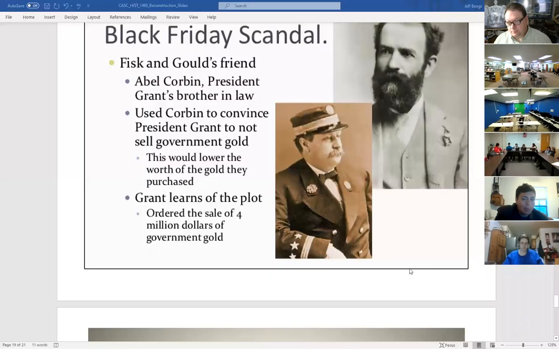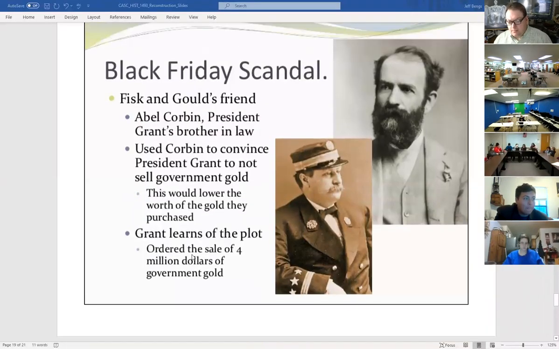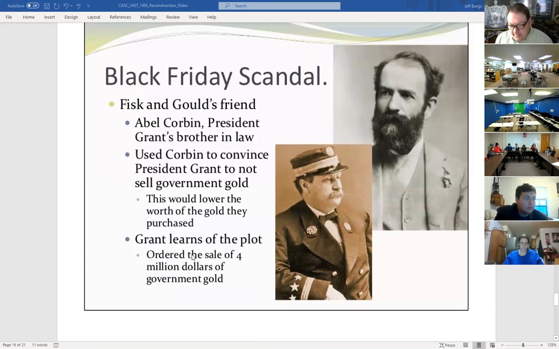the closest election in our nation's history. A guy by the name of Tilden from New York was the Democratic nominee. He had 184 electoral votes. Back then, you needed 185. Hayes had 166 votes.